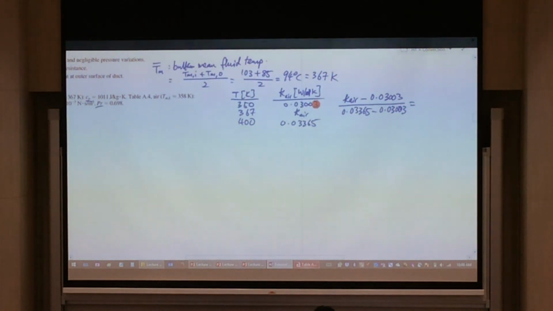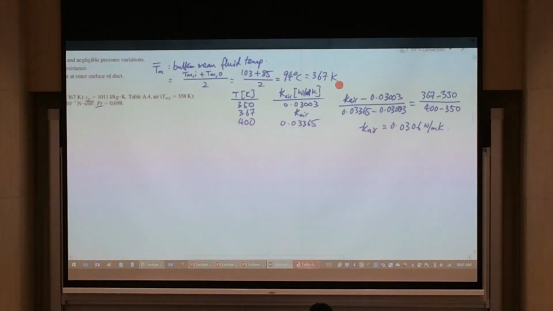And this whole thing equals the same kind of pattern: take this minus this, divide by take this minus this. So I'm going to do the same over here. That will be 367 minus 350, divided by 400 minus 350. There's only one unknown over here, so K there. After doing your calculations, you will get K equal to 0.0306 watts per meter Kelvin.